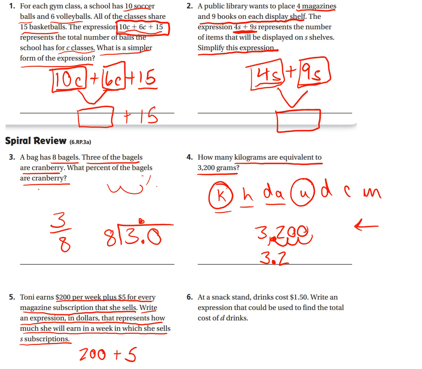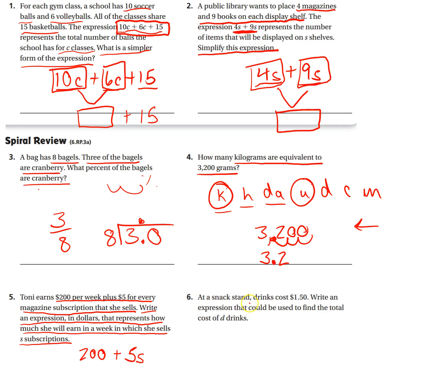We don't know how many subscriptions she sells, but if she sells 2 subscriptions, it's not going to be 5 plus 2, it's going to be 5 times 2. So the variable S is the number of subscriptions, and we want to show that it's 5 times the number, so we just put an S next to the 5. And that's it. It didn't ask us to solve, it just wanted us to write the expression.